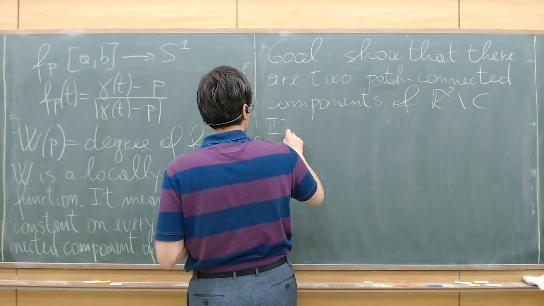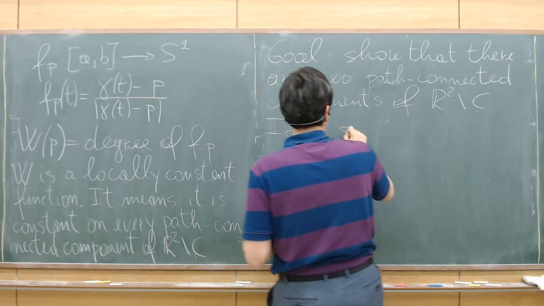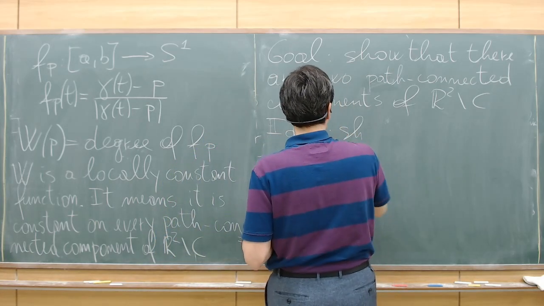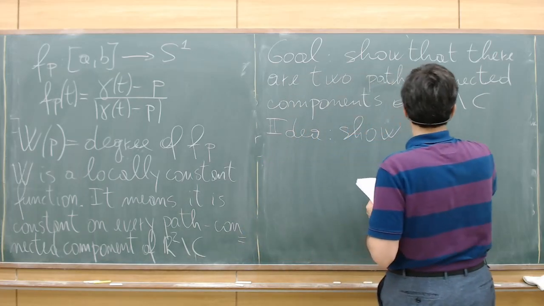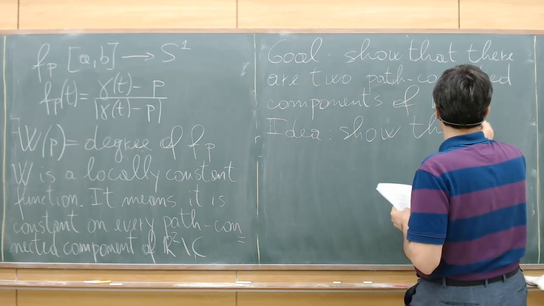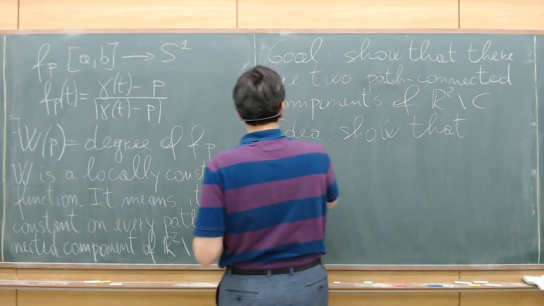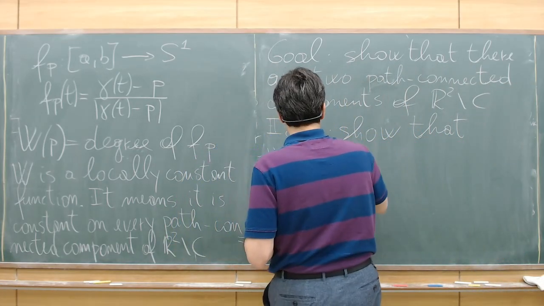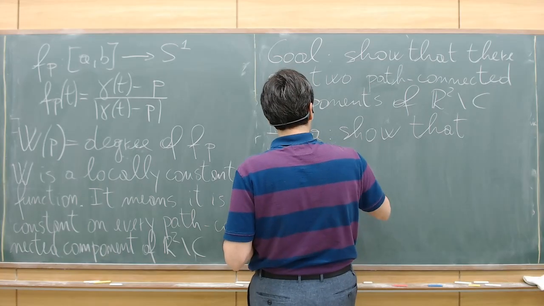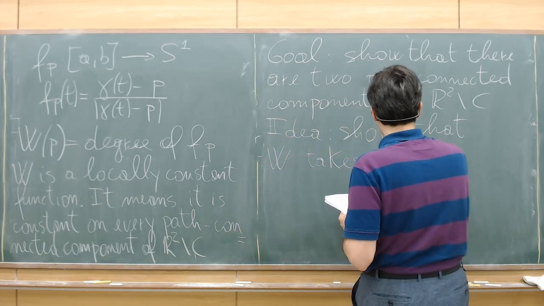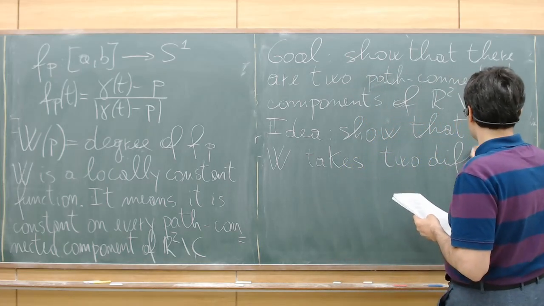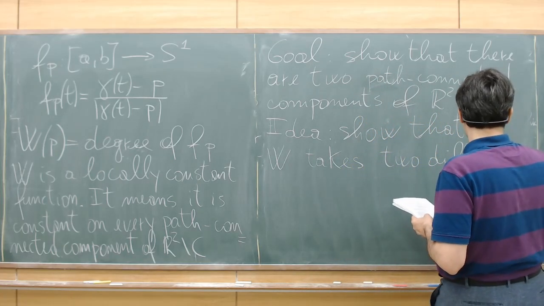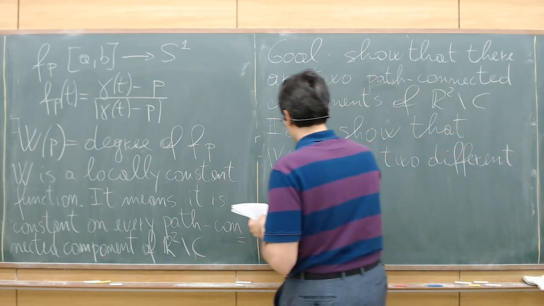Idea: show that W takes two different values.